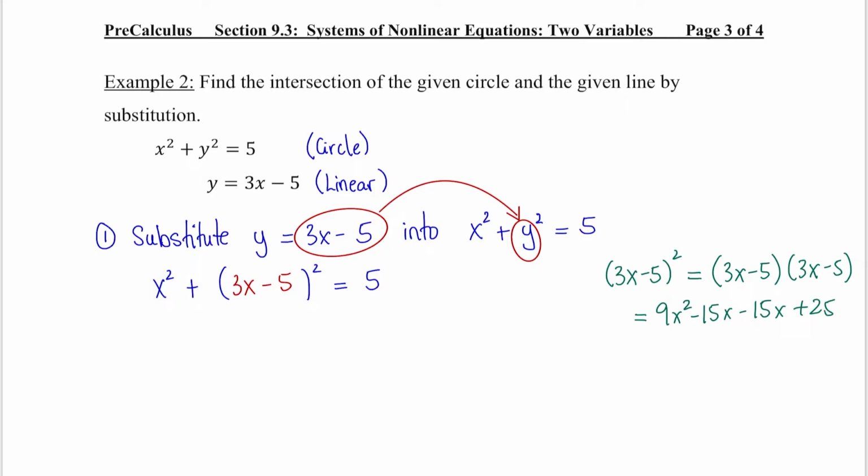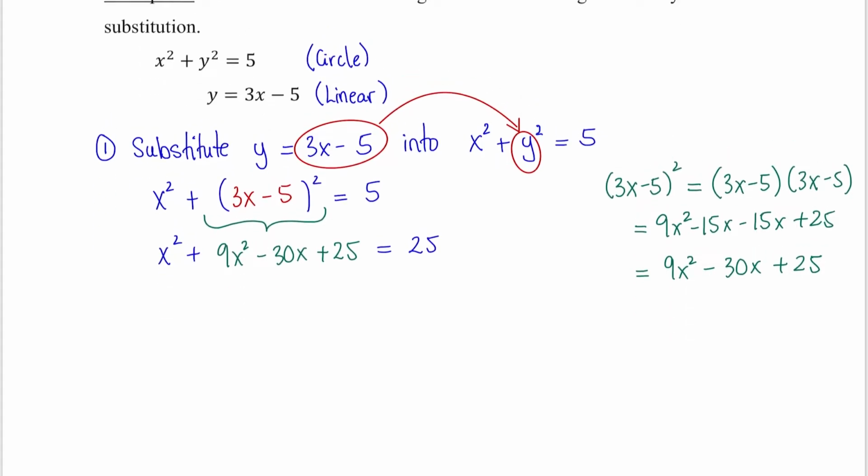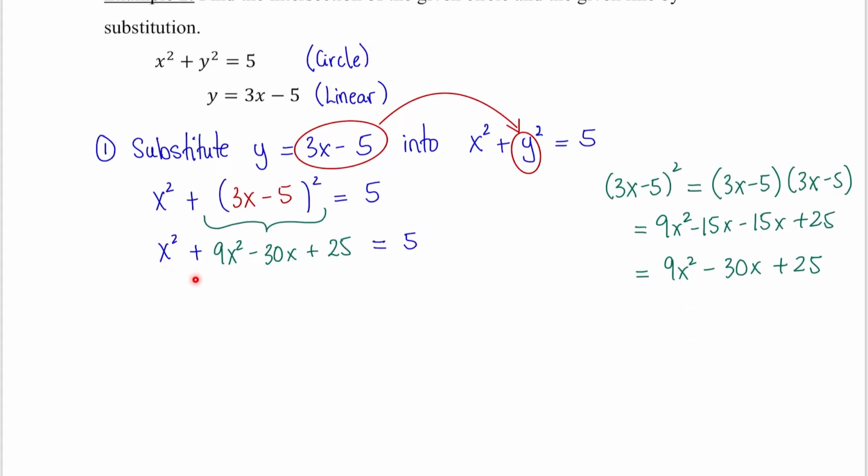And I take negative 15x minus 15x. I have 9x squared minus 30x plus 25. And I will replace that with 3x minus 5 squared. I will combine x squared and 9x squared to make it 10x squared.